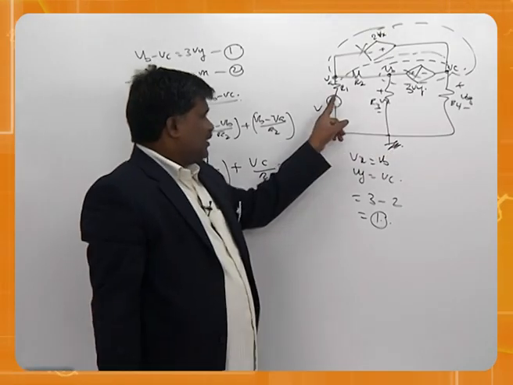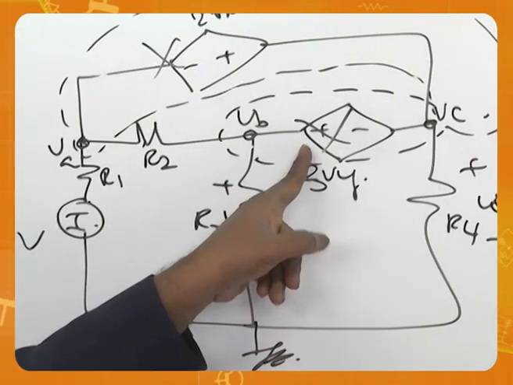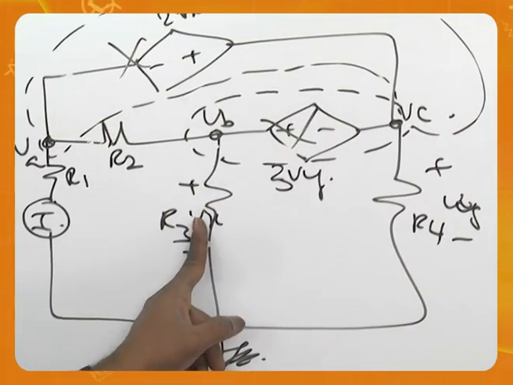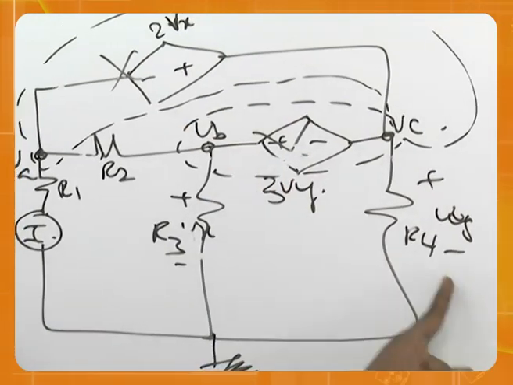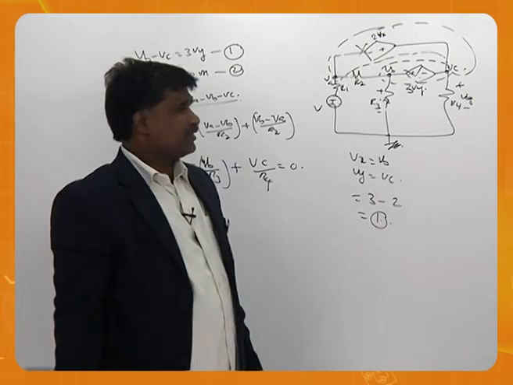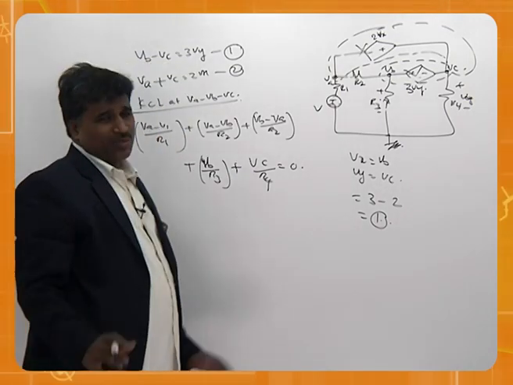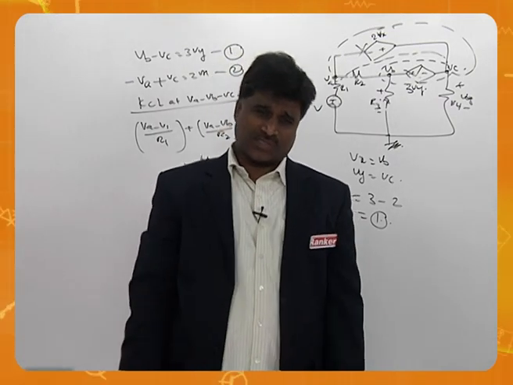Very simply, 1, 2, 3, this is not possible, 2 I took. 1, 2, 3, this is not possible, these 2 I took. Here 1, 2, 3, this is not possible, this is not possible, this is possible, I took only that. Like that, when you really go for calculating, that's the nodal equations if there is a larger number of voltage sources.